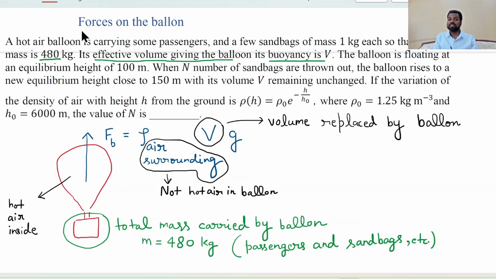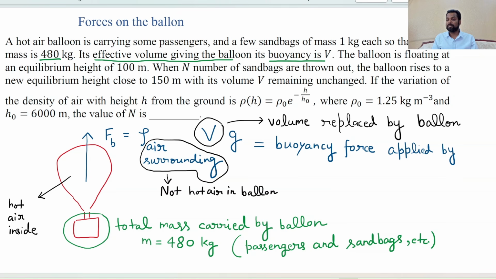So I will write this entire force, rho Vg, also known as the buoyancy force applied by the surrounding air on the hot air balloon system.